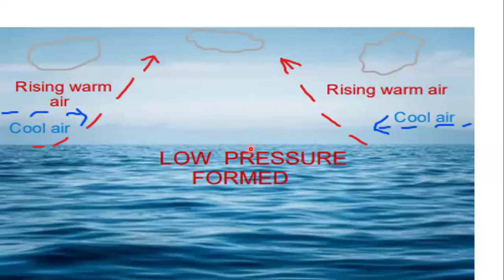As they move towards the land, the intensity of the cyclone decreases because the moisture becomes less over the land areas. The winds blow with great force, and the diameter of these cyclones is smaller in comparison to the temperate cyclones.